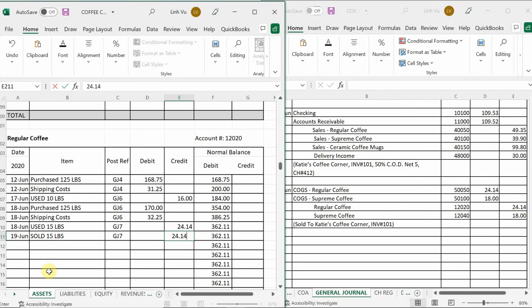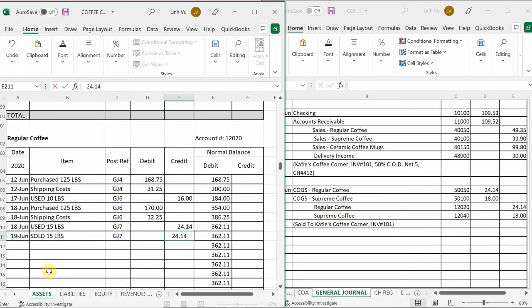So, how much should my ending balance be? We're not adding, we're subtracting. Because we sold it, right? We got rid of the items.